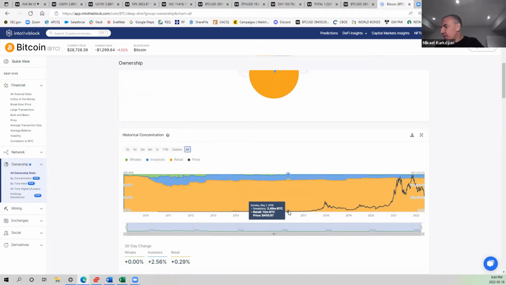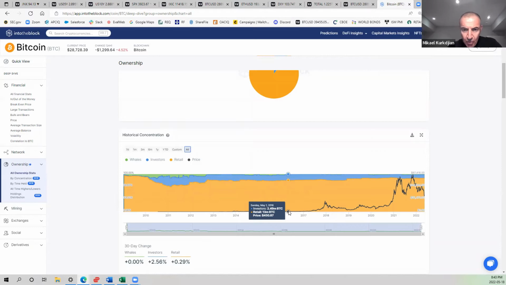So I'll write this down so that I don't lose this. On May the 1st, investors were at 2.49 million Bitcoin, and retail was at 13 million Bitcoin, and IntoTheBlock had the Bitcoin price at $450.87 on May the 1st.